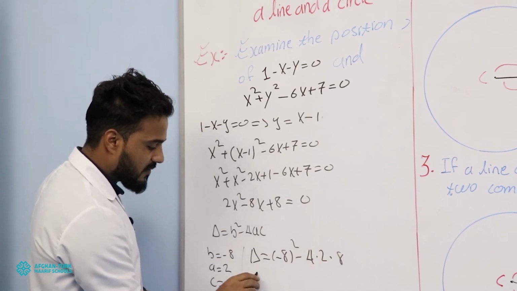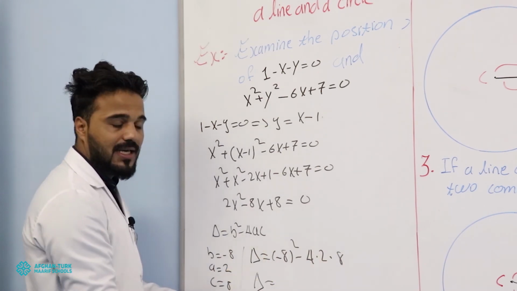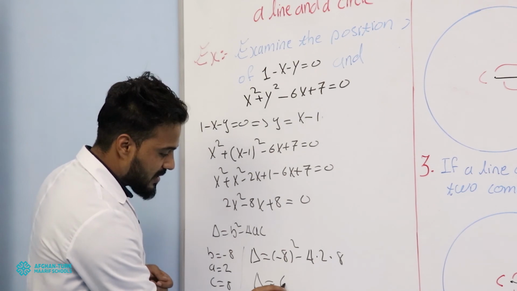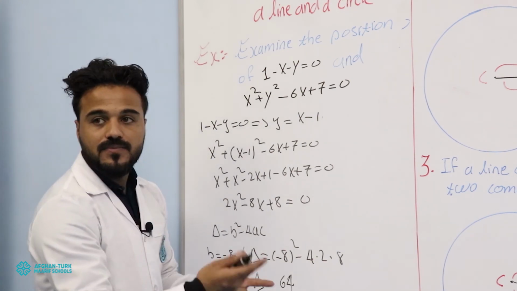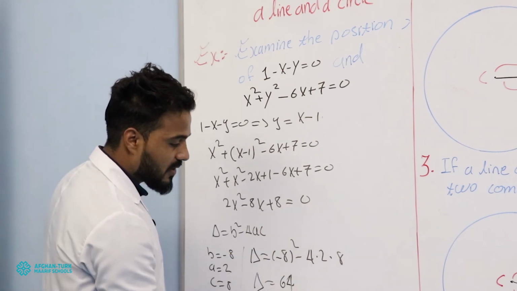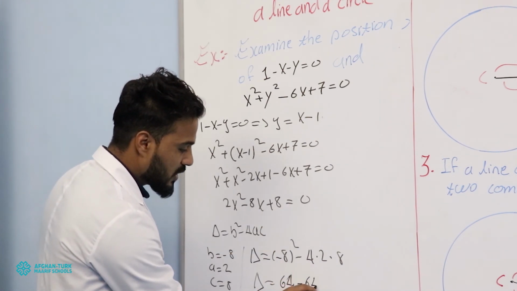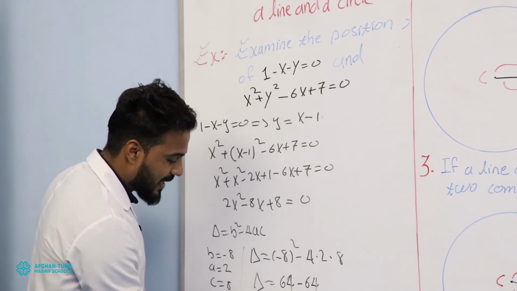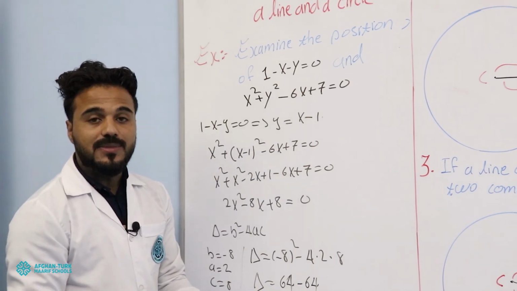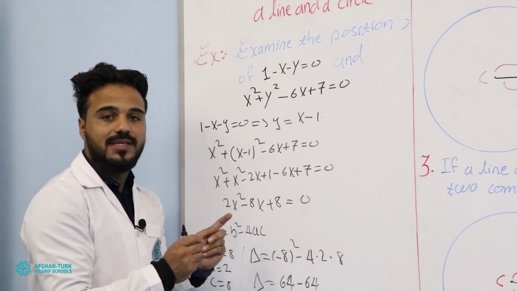So now I am going to simplify this one. Delta will be equal to minus 8 square is equal to what? 64, and 4 times 2 is equal to 8. 8 times 8 is equal to 64 minus 64. So delta will be equal to 0. So we study that when delta is equal to 0, it means that line is tangent with the circle.